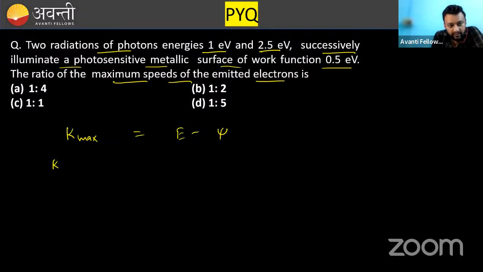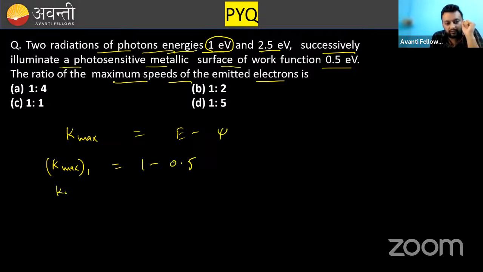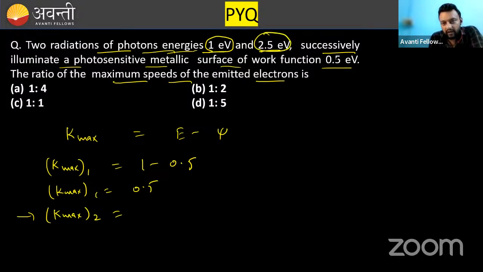So for the first, the energy of the photon is 1 electron volt, minus 0.5 work function. That means K max 1 is equal to 0.5. And K max 2 will be, after subtracting, energy is 2.5, work function is 0.5, so K max 2 will be 2 electron volt.